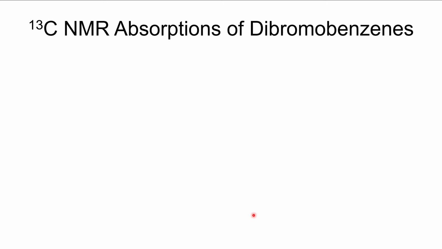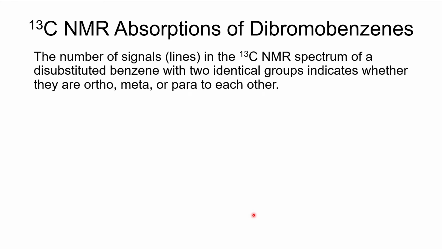All right. Now, there is something that's very interesting that you can determine when you have two of the same substituent on a benzene ring with carbon NMR. You can determine what the substitution pattern is. So if you have dibromobenzene, ortho, meta, and para, you're going to get a different number of carbons depending on what the substitution pattern is.